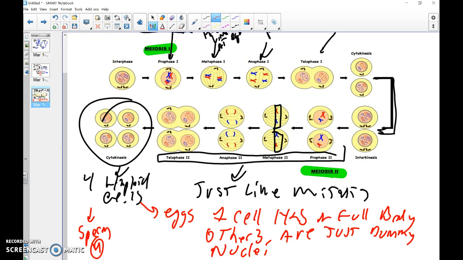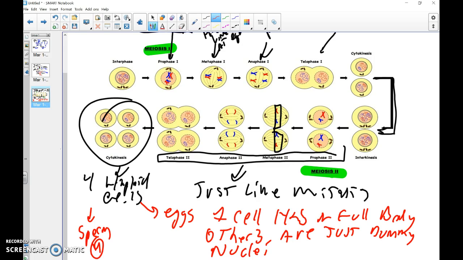So when a new organism is developing from sexual reproduction, it requires an endoplasmic reticulum. It requires a Golgi apparatus. It requires mitochondria. If it's a plant, it requires chloroplast, vacuoles, lysosomes. And so all of that stuff has to come from somewhere. And for sexually reproducing organisms, that comes from the female. And so to make that work, instead of splitting all these cells evenly, they split 1 cell to have all of that material, but they still undergo the process of meiosis so that the nuclei divides properly.